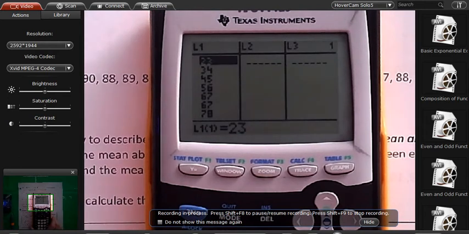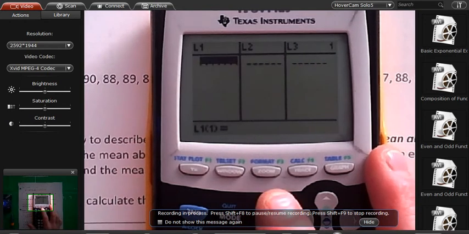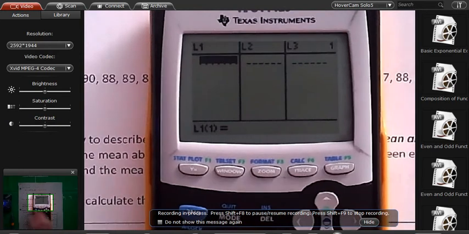Now we want to delete all the values that are currently in list 1, and then input the values of our first list of data here. So just plug those numbers in. You plug it in, 80, enter, 81, enter, and so forth until you have entered all of the numbers. Since there are so many numbers, it's easy to leave one out, so you got to be careful.